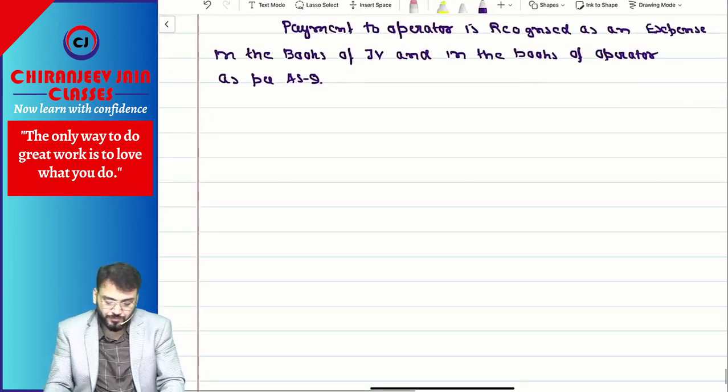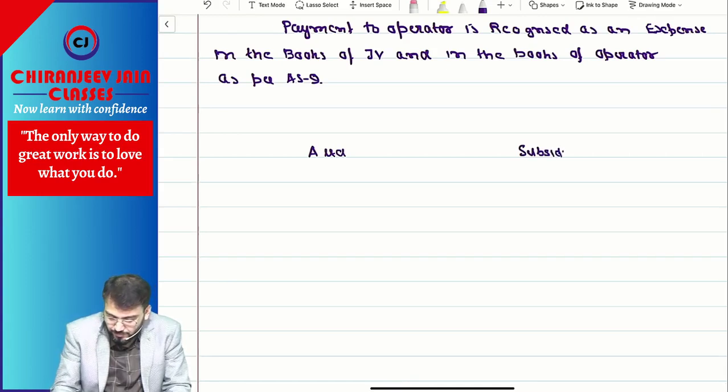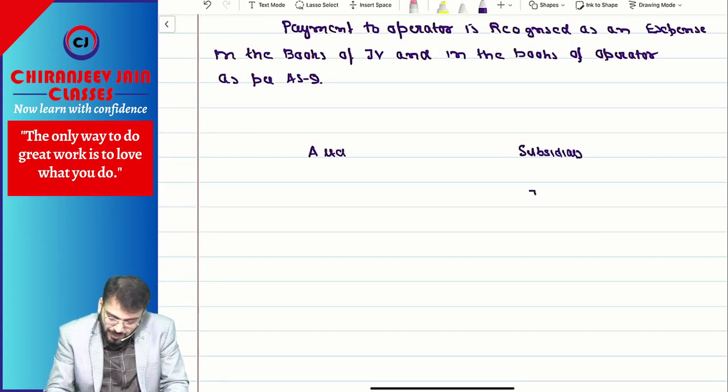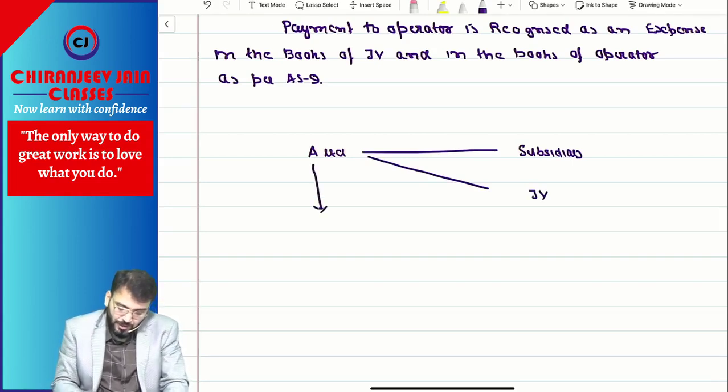Suppose A Limited has one subsidiary and a joint venture, correct? So A Limited is preparing SFS as well as CFS.